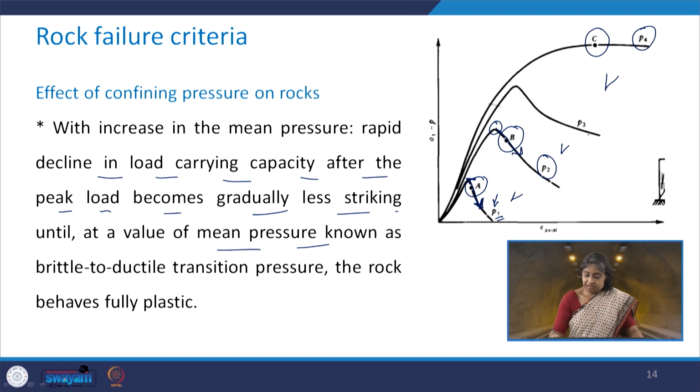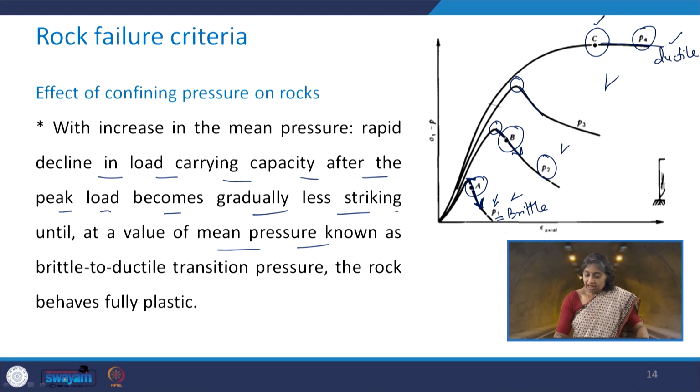Further increase the value of P3, and beyond the peak, see, this is gradually reducing, and then you have the peak situation here, and it is not reducing, but it is more or less becoming a kind of a ductile material. So, here this is brittle, and here this is ductile.